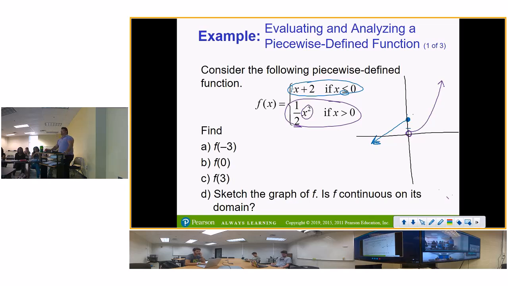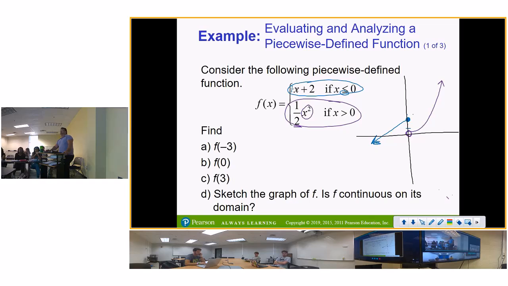Negative 1? So we know that it'll be negative 1. So at negative 3, it's going to be negative 1. Okay? F of 0. Well, we can't do f of 0 in the purple. Why? Because it doesn't include or equal 0. So we're going to go back to the blue equation.